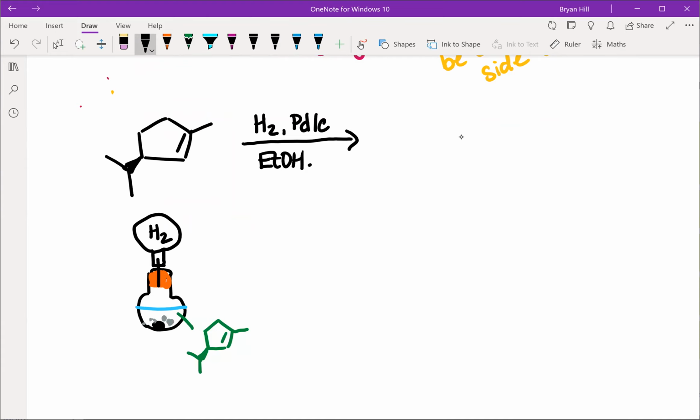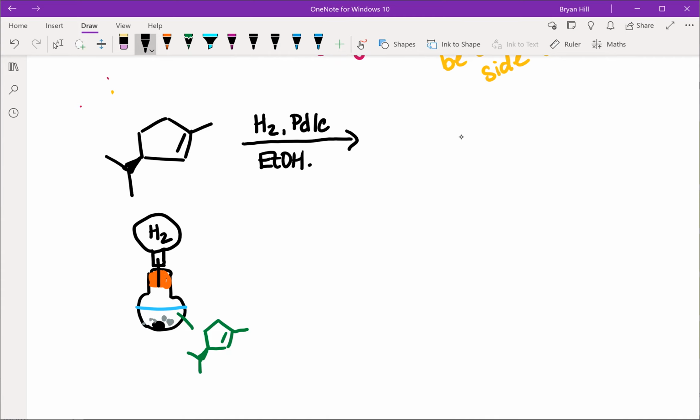Then the hydrogen is going to gradually get dissolved into the solvent, and then it's going to absorb on the surface of the metal, and then the reaction is going to take place. So it's basically a little septum with a party balloon on it, and the hydrogen gradually gets into the solvent.